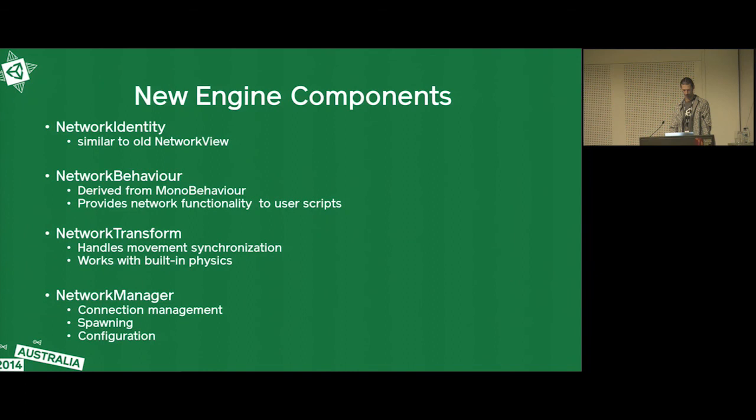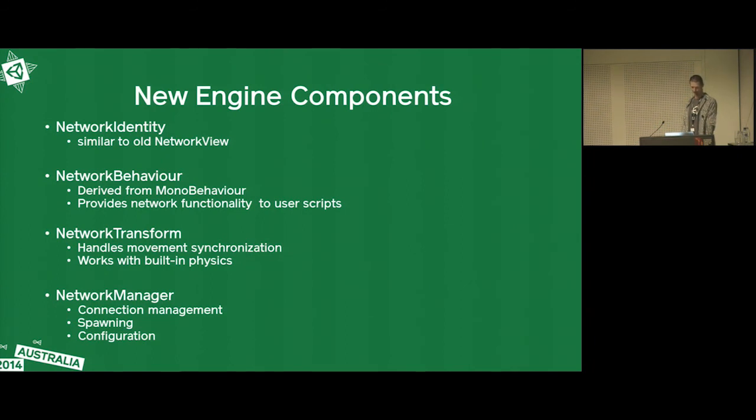Then the next piece is new engine components. We have a network identity. This is a new component that you put on your game objects that gives them an identity across the whole network. Then there's a network behavior. This is a new scripting-based class. If your game scripts derive from network behavior instead of mono behavior, then they get all the network functionality.